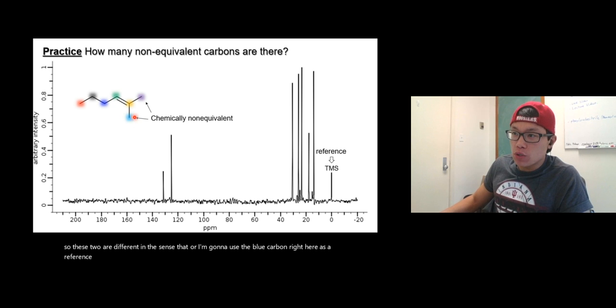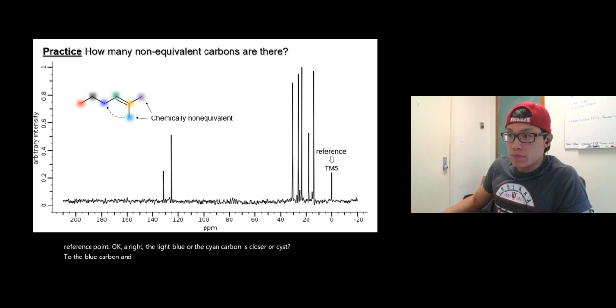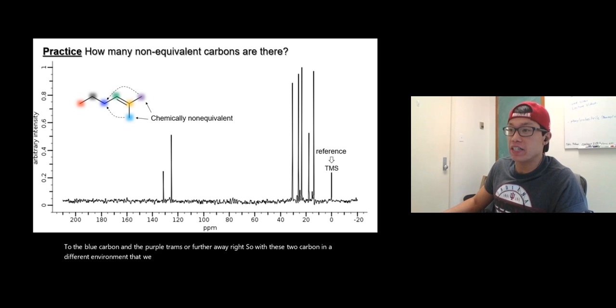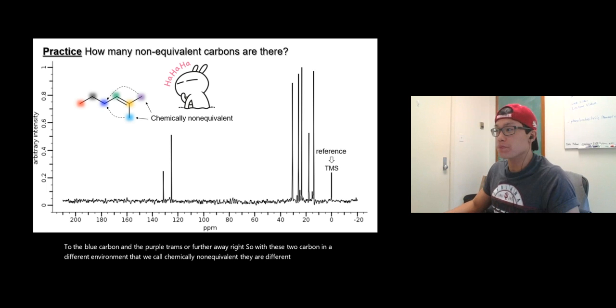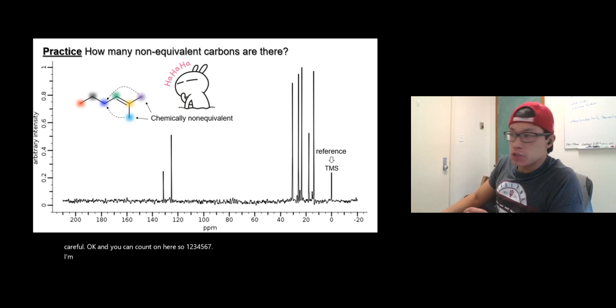The cyan carbon is closer, or cis, to the blue carbon, and the purple one is trans, or further away. When these two carbons are in different environments, that's what we call chemically non-equivalent. They are different carbons, so be careful. You can count on here: 1, 2, 3, 4, 5, 6, 7. So there are 7 signals.